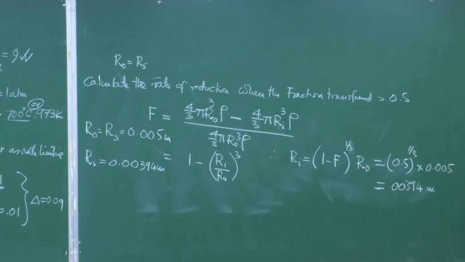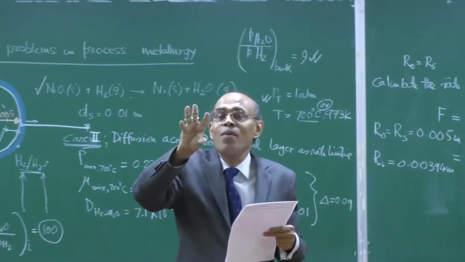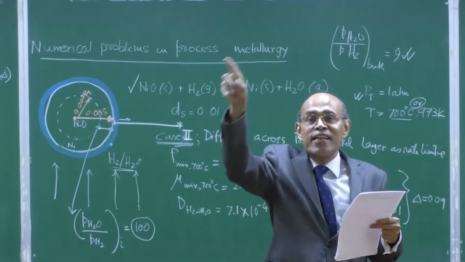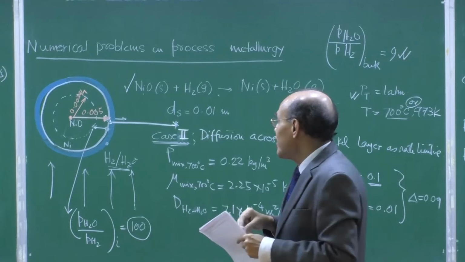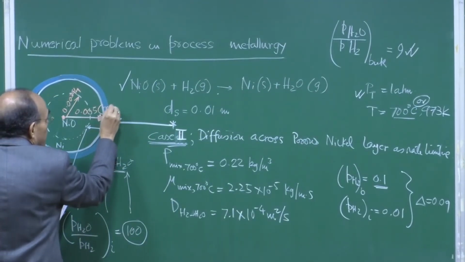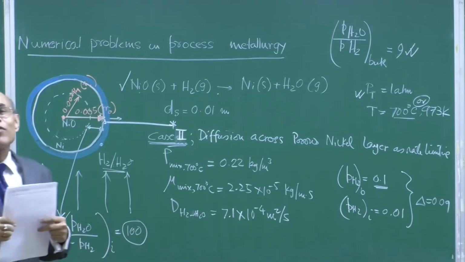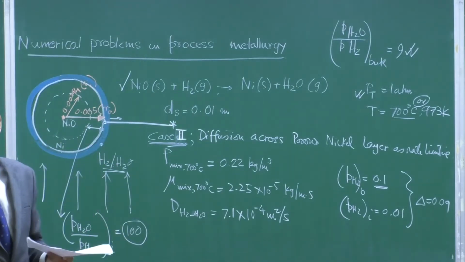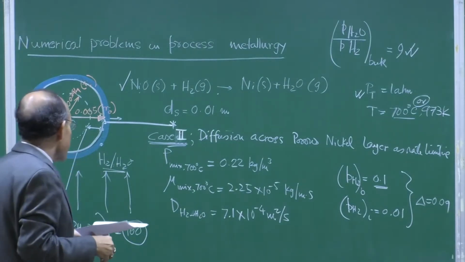Now, we can apply our knowledge of what you have studied. The problem now becomes a spherical nickel oxide ore particle. You can imagine a concentric spherical shell, one radius is Ri, one is R0, this is R outer and this is R inner, and we know the rate of transport through a spherical shell, the classical problem that we solve from Fick's second law or the mass balance equation.